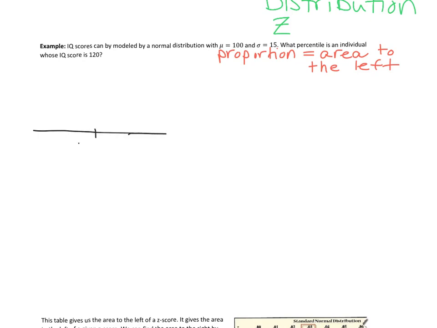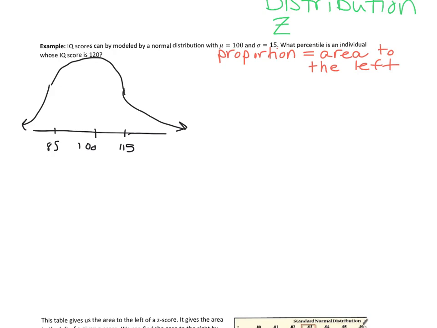So we have 100 as the mean, 15 as the standard deviation, a nice little quick sketch. And then what do we have? An IQ score of 120.